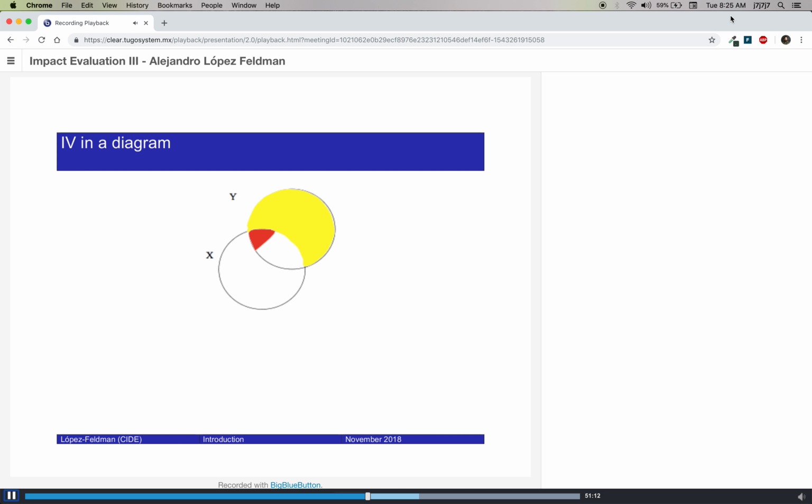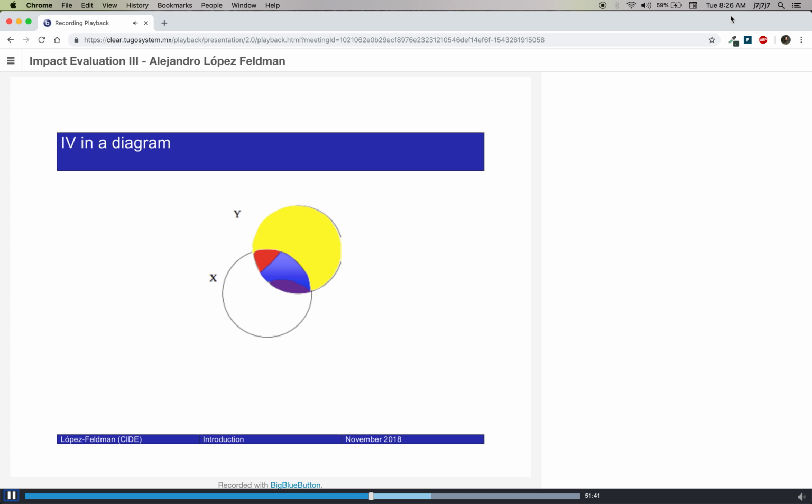So the purple and the blue areas do not include the error. The error was included in the red area. So here we had a linear regression, x against y. But if I am now doing this and if I am using the information of y to explain x, then I have an error component.